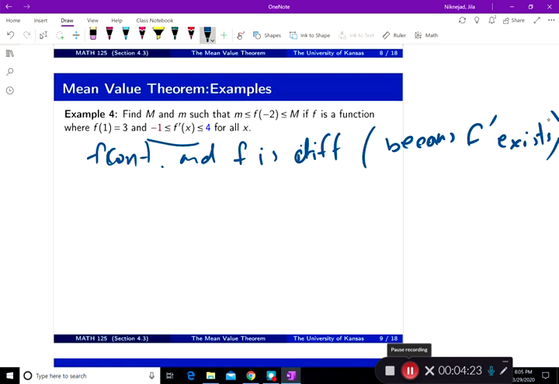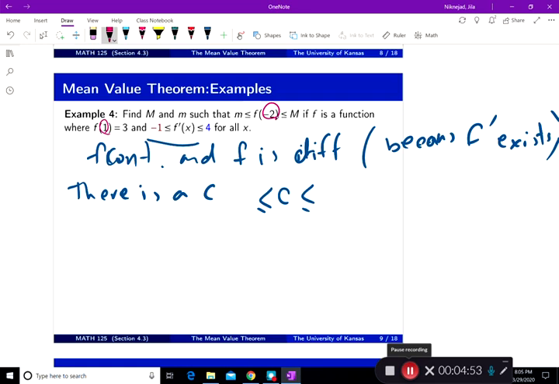So what does mean value theorem say? Mean value theorem says that there is a c, and c is between two endpoints. Okay, what are the two endpoints? I see an input value 1 and input value -2.